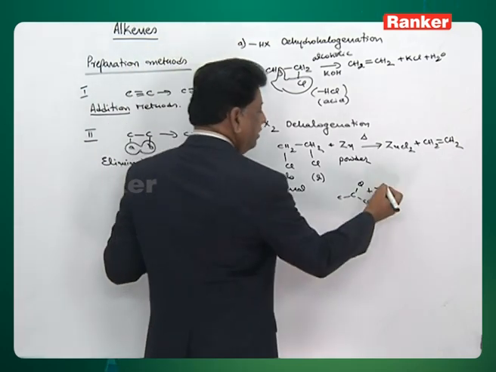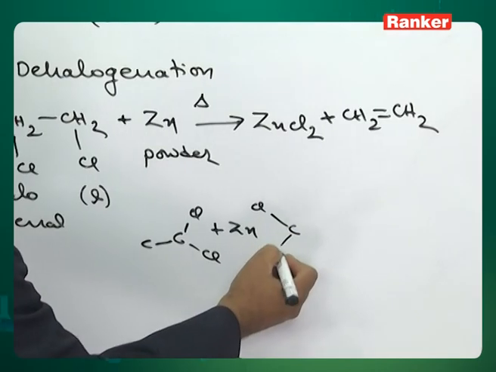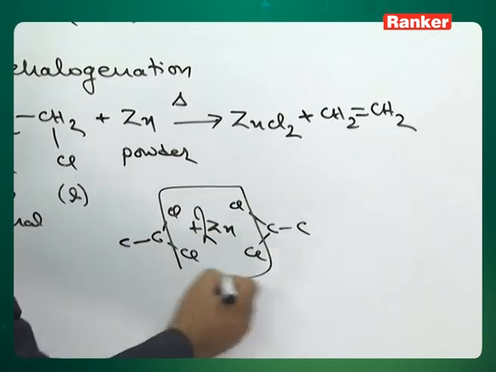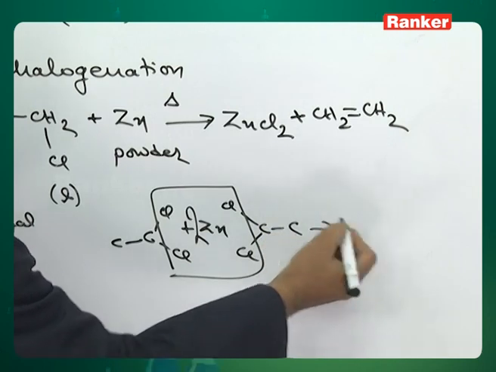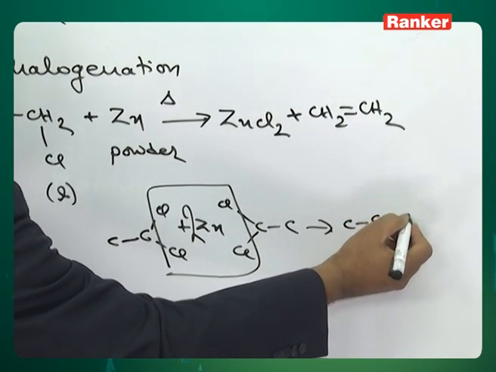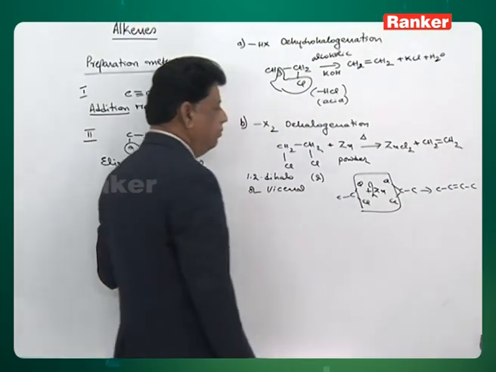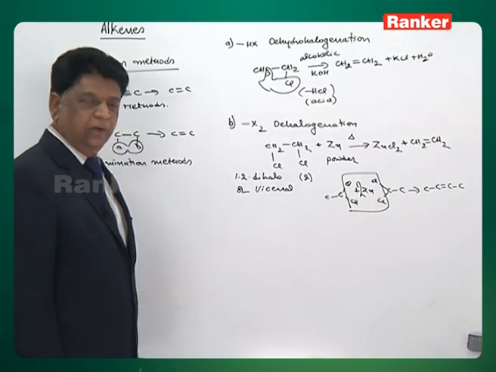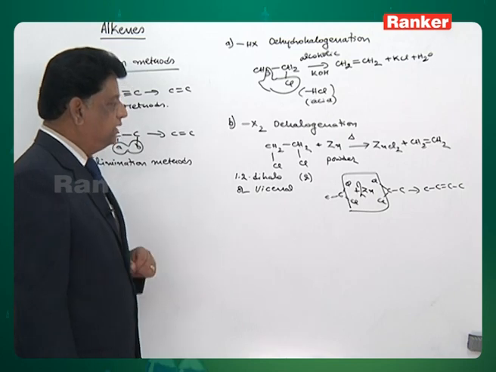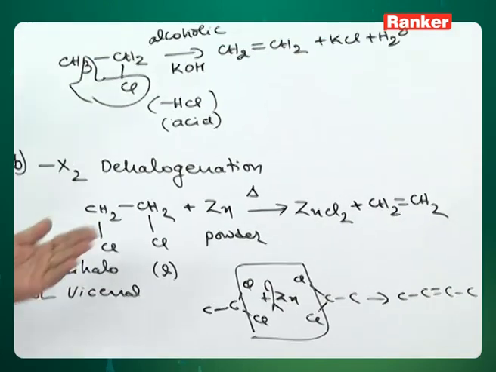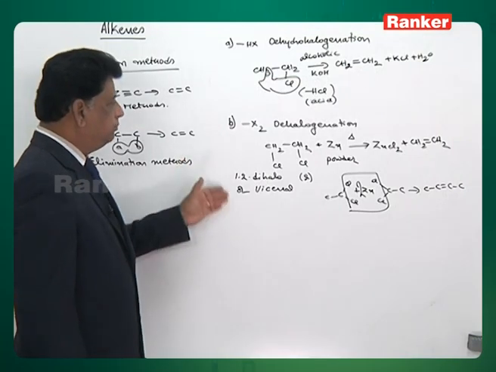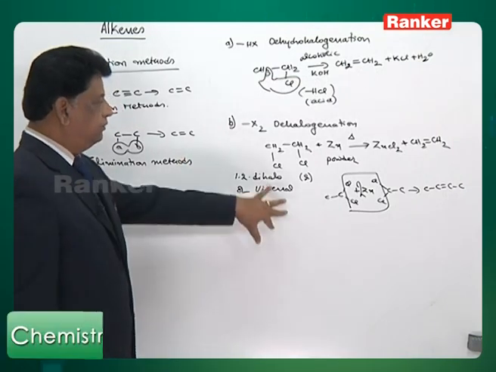If one more compound is written like this, two zincs will take away the halogens, and the reaction is coupled, and the compound becomes 2-butene. This you cannot call a dehalogenation or elimination reaction, because two molecules join, that is called a coupling reaction. Actually, the total concept of elimination won't be covered.